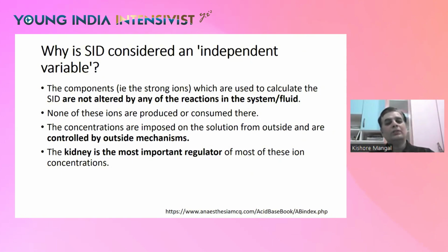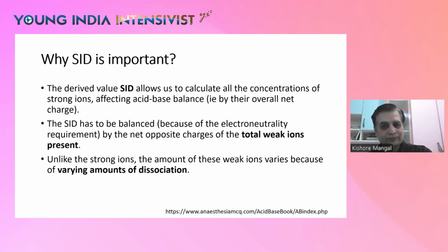Like sodium, the absorption is from the GI tract and excretion is controlled by the kidney. Similarly, for calcium and magnesium, the increase is because of GI absorption and the decrease or excretion is from the kidney. So kidney is the most important regulator for most of these ion concentrations.